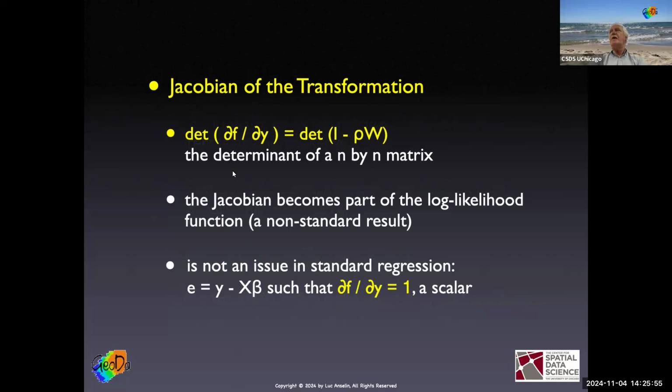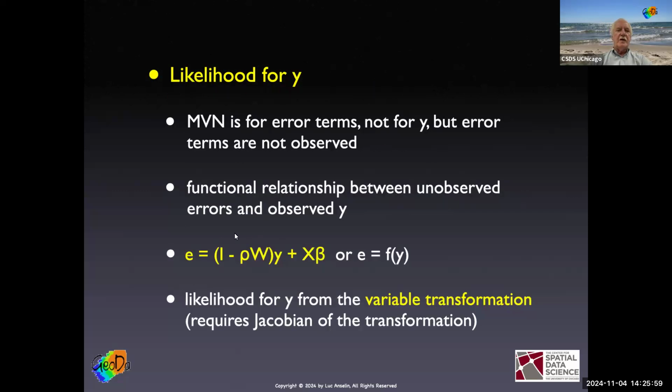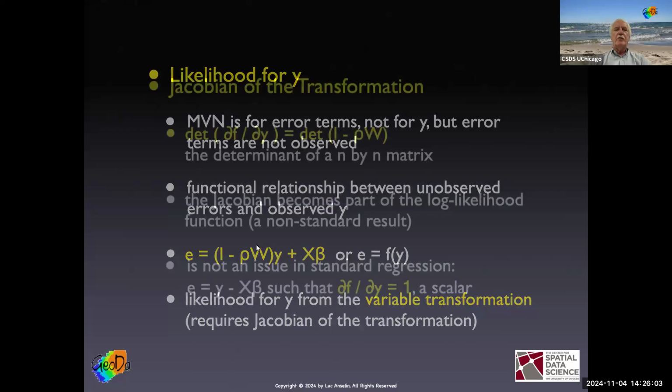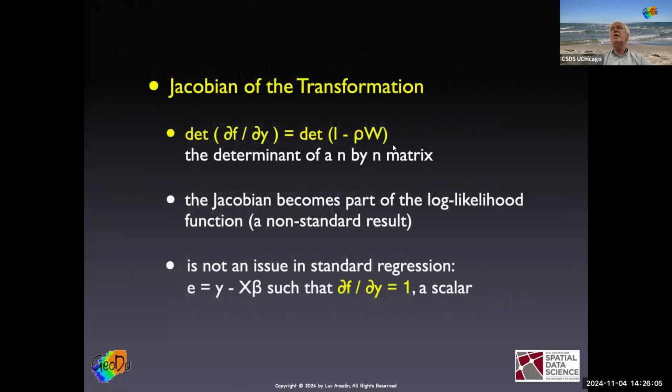This looks very complicated. In the spatial lag model, it's the partial derivative of this with respect to Y, which is the determinant of that matrix. The determinant of this matrix is the scaling factor. A determinant of a matrix is not a matrix, it's just a number. So this is a number that scales the distribution so that it's proper.